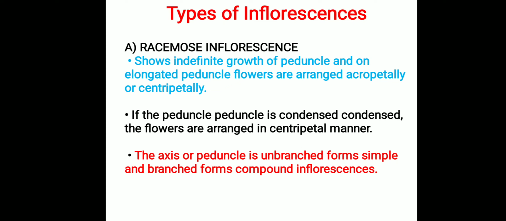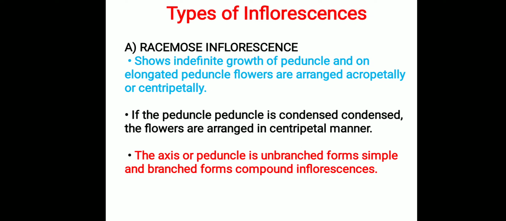Example, brassica, crotalaria, etc. Sometimes the peduncle, instead of developing into a long or elongated axis, becomes condensed to form a flat or round structure called receptacle. On a receptacle, the order of development of flowers is centripetal.